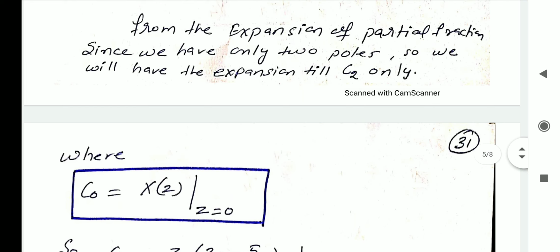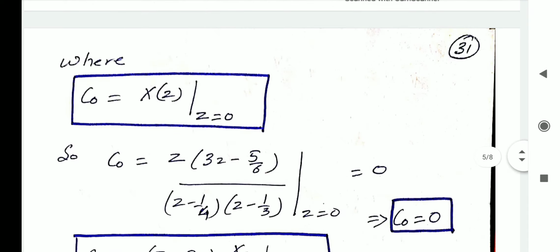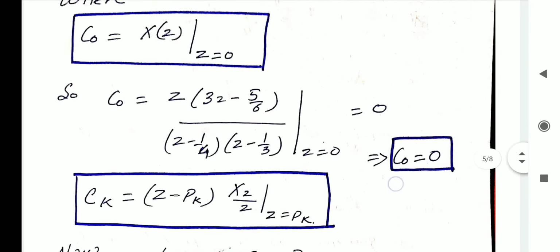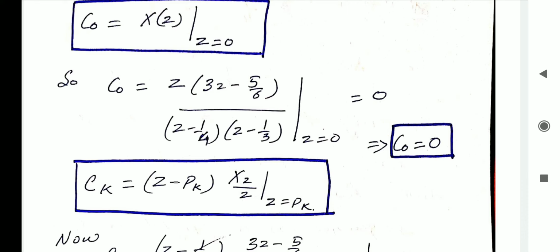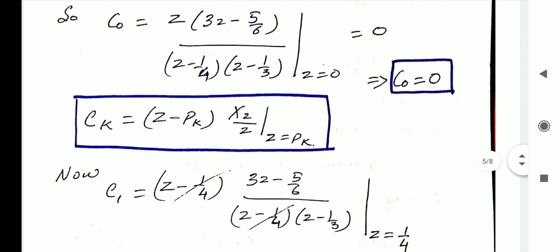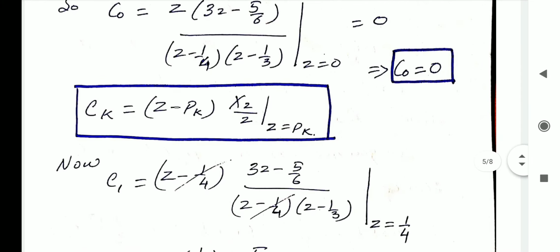We'll put the value for c0. c0 is x of z by z times z at z equals 0. Since we are having z in the numerator, it will be directly 0. Hence c0 is 0. Now for ck, it is (z minus pk) x of z by z at z equals pk. C1 we can obtain.